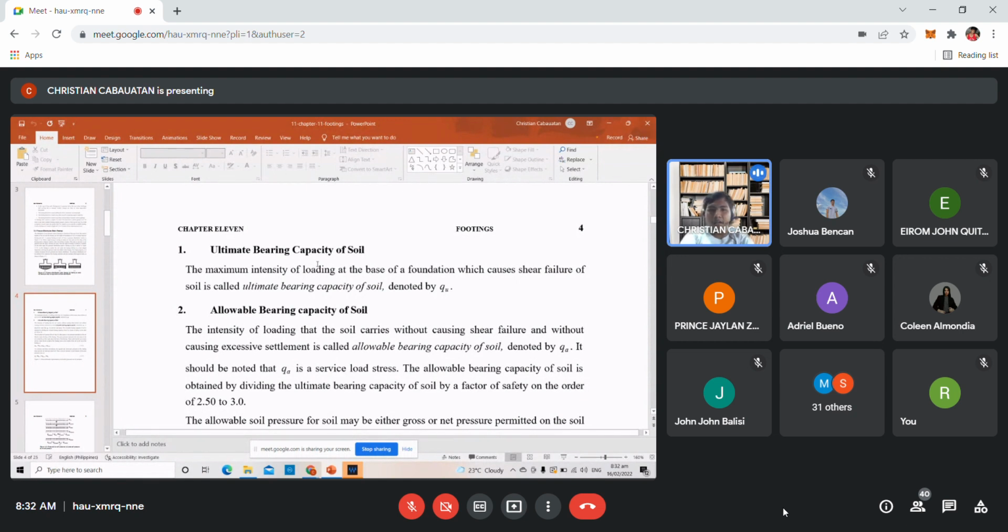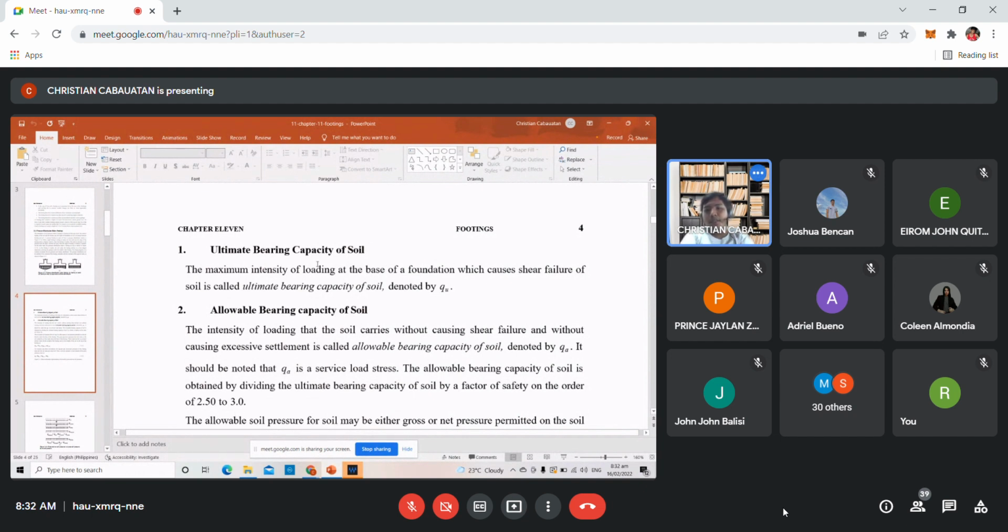Kung ang ultimate bearing capacity is denoted as Q subscript U, sa allowable bearing capacity naman, it will be denoted as Q subscript A or Q subscript all. ALL, in short for allowable. Okay? So, it should be denoted QA in a service load stress.